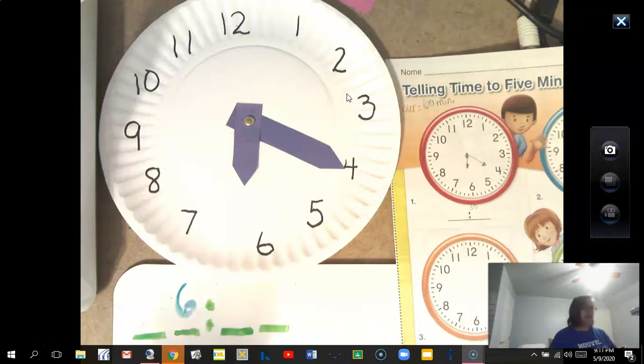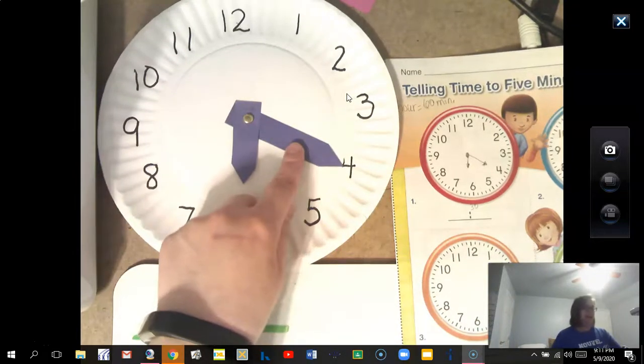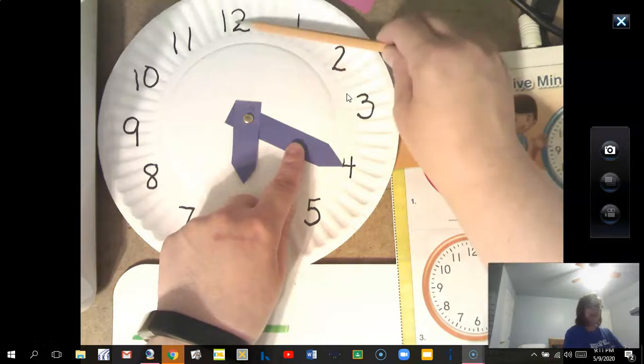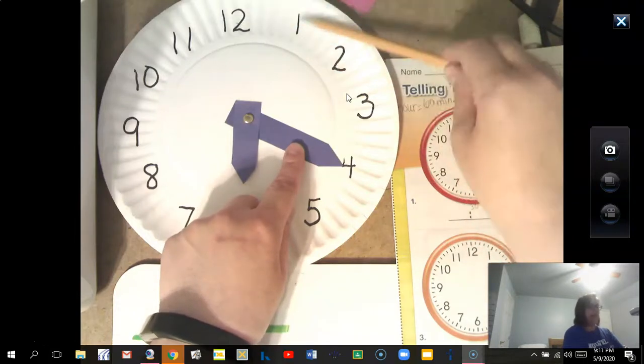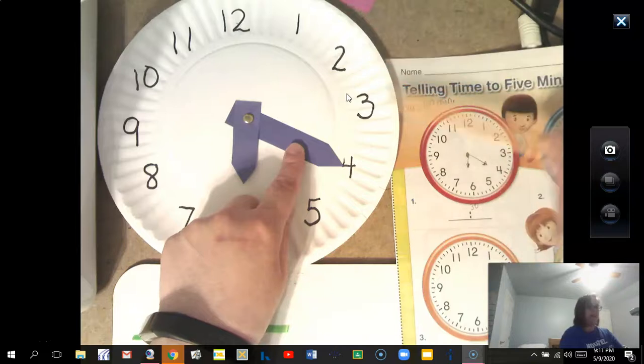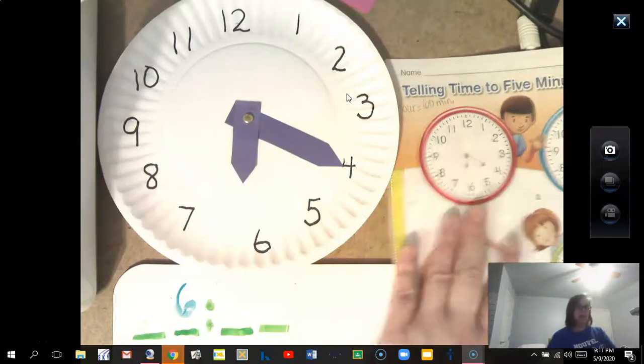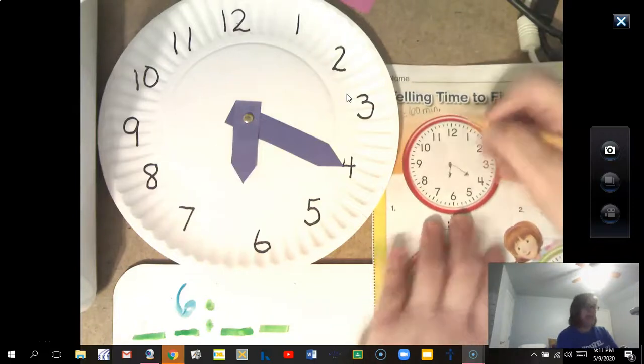And now let's count around and figure out our minutes for our minute hand, where our minute hand is. So let's start at the 12, and count with me. 5, 10, 15, 20. All right, and I'm going to do it over here, and you could do the same.